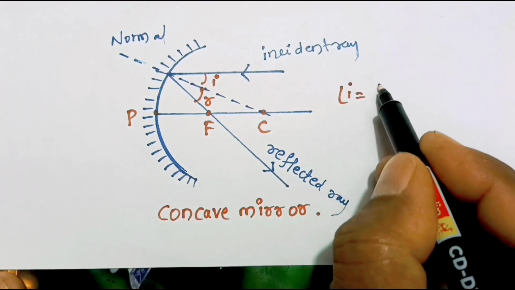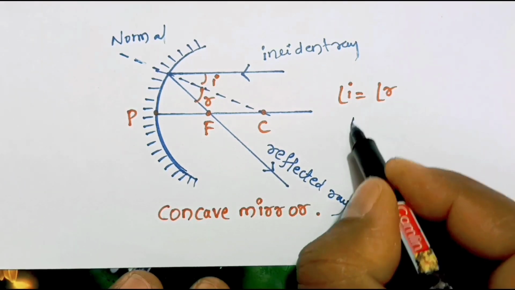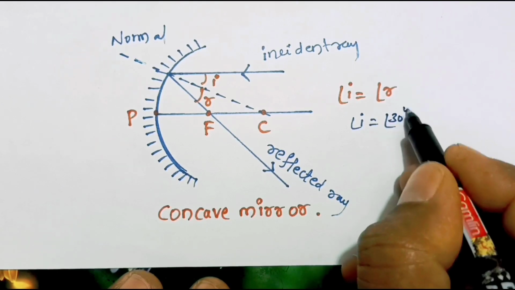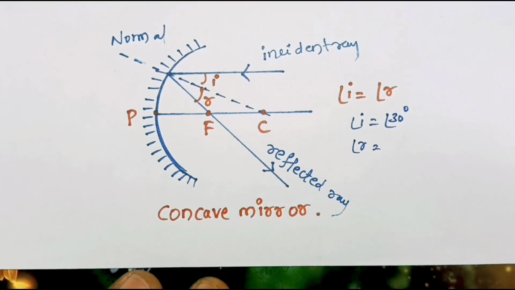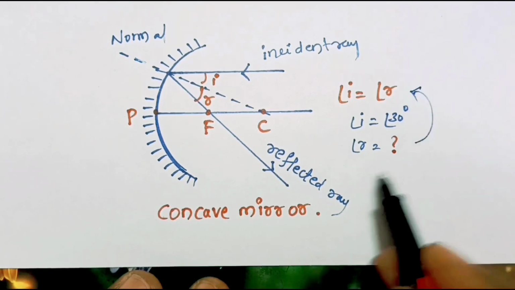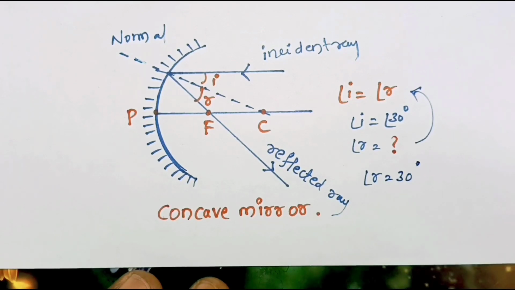We observe that angle of incidence is equal to angle of reflection. Here also, the first law of reflection is followed. For example, angle of incidence is equal to 30 degrees. What is the angle of reflection? Angle i is equal to angle r, so the angle of reflection is also 30 degrees.